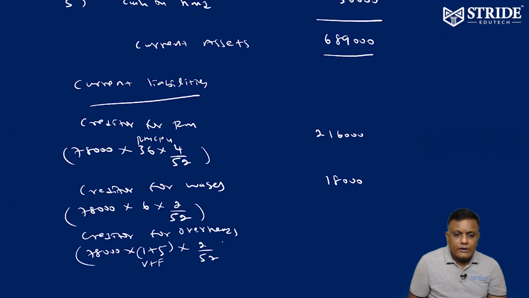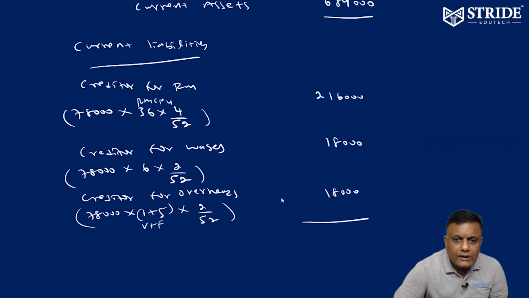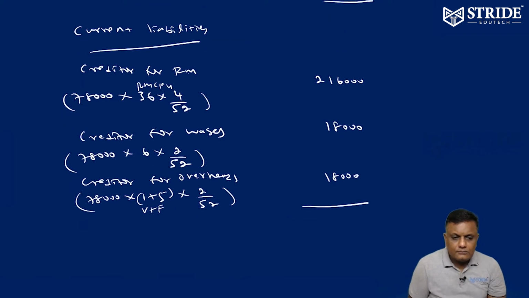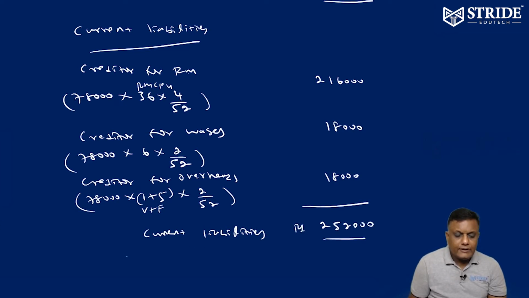For creditor for overheads we can make payment after 2 weeks. Same 18,000 will come, right. That's it. Current liability total is 2,52,000.